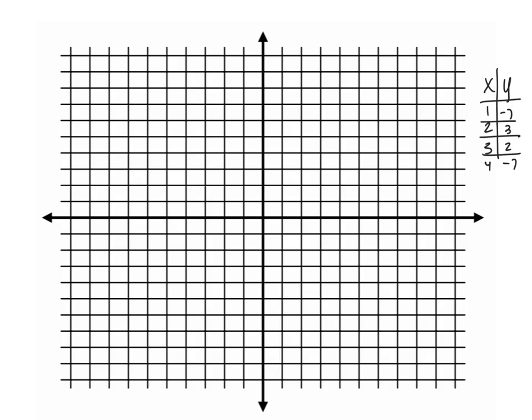From a graphing standpoint, remember that one way to very quickly tell if something is a function is if it passes the vertical line test. So for example, a graph like a U shape, if I were to draw a vertical line anywhere through that graph, I could only ever make it intersect once.